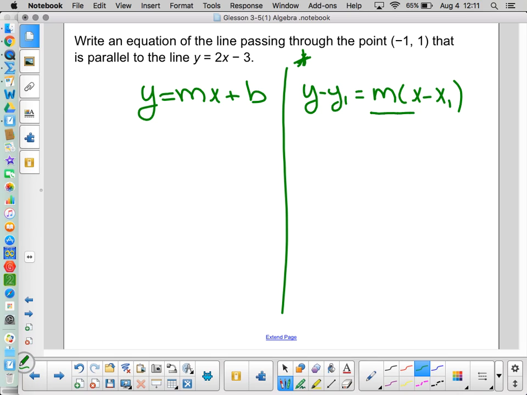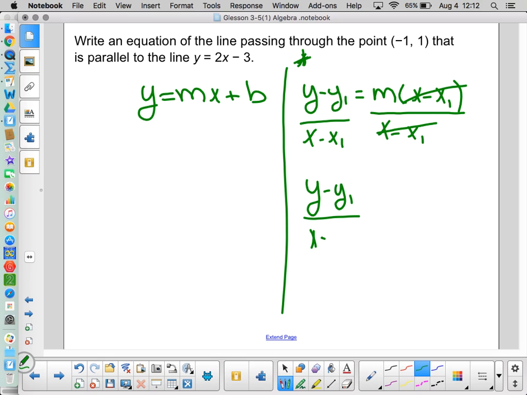Because if I divide through both sides of these by x minus x1, I get the formula y minus y1 over x minus x1 equals m. That's the formula for slope. I mean, I just put a 2 on that x and y subscript. And I've got the exact formula for slope. So point-slope form is probably the preferred way of doing this.